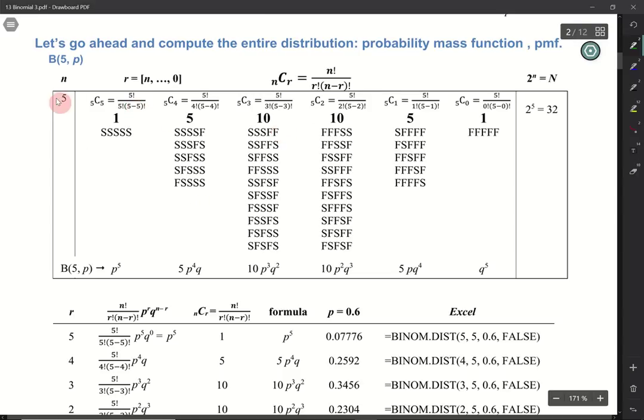So if there are 5 tosses of the coin, or in this case 5 customers, or 5 events, 5 things that are repeated, 5 component experiments that are subparts that are repeated, and if each of them could be success or failure, true or false, 1 or 0, how many different possibilities are there?